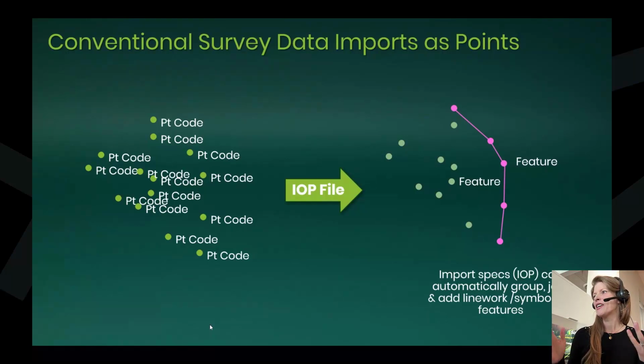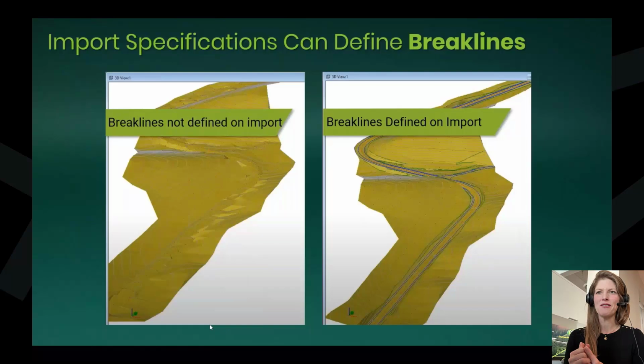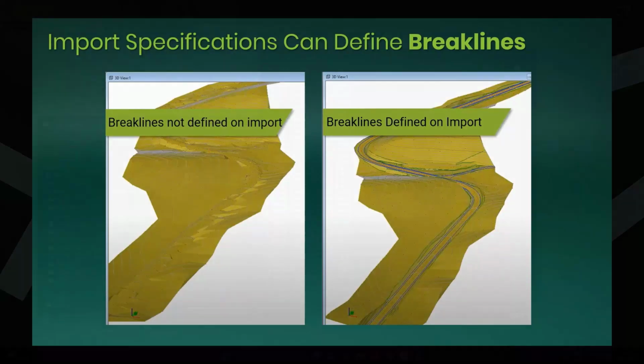And as Matt mentioned, if a feature is defined as a breakline, triangles are not going to cross over it, and you can have those defined on import as well. So working with conventional data, although very different from those big data sets and other formats we're talking about, can certainly be made easier through leveraging things like import specifications. And we'll quickly jump back to Matt and take a look at that type of data.